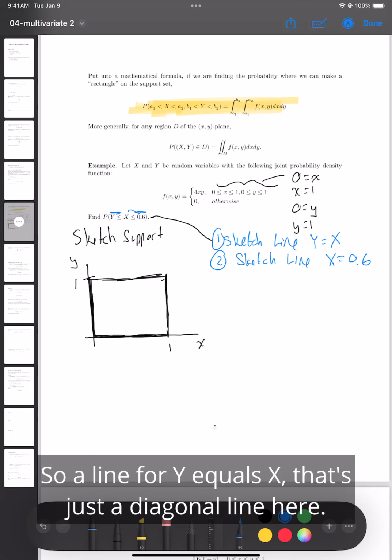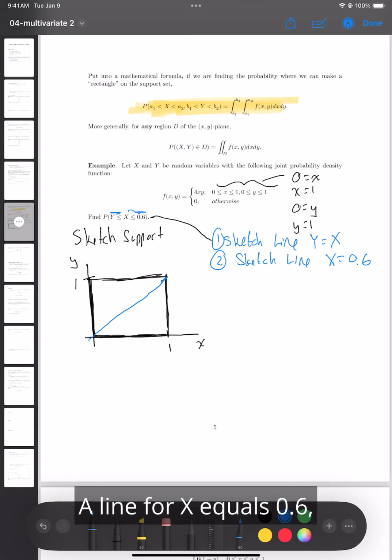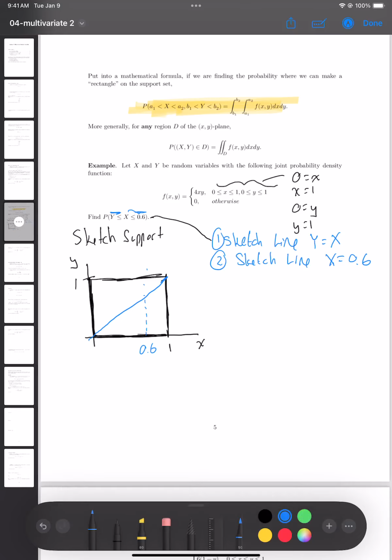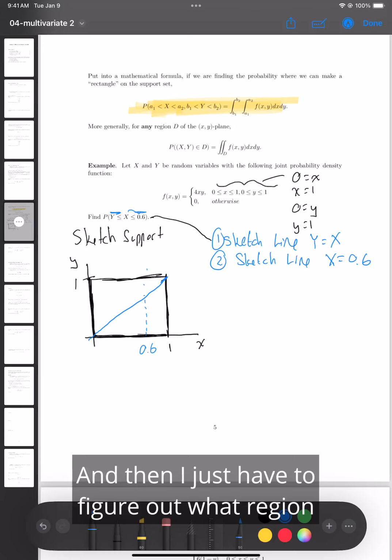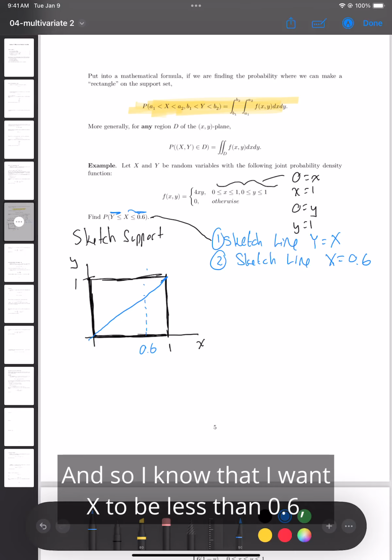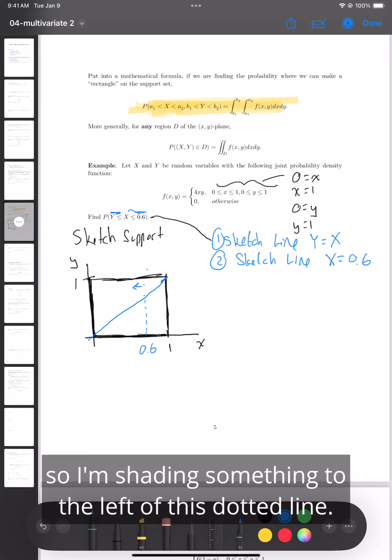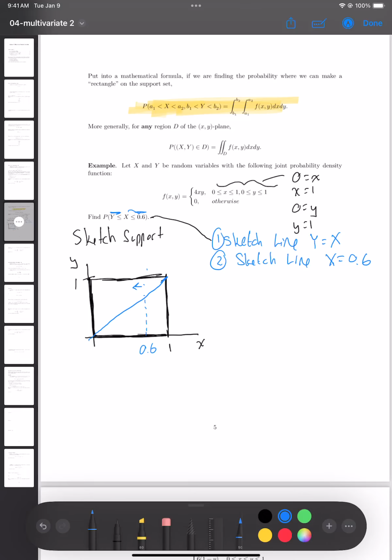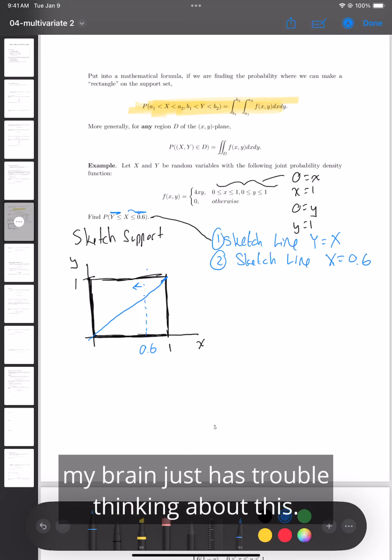So the line for y equals x is just a diagonal line here. A line for x equals 0.6 is something like that. And then I just have to figure out what region needs to be shaded in. I know that I want x to be less than 0.6, so I'm shading something to the left of this dotted line. I also know that I want x to be greater than or equal to y. And this is the part where for some reason my brain just has trouble thinking about this.